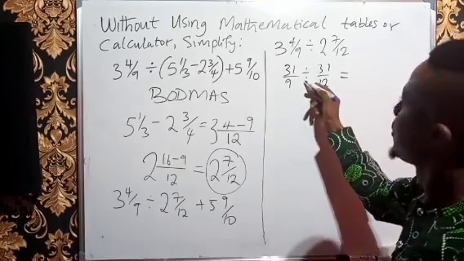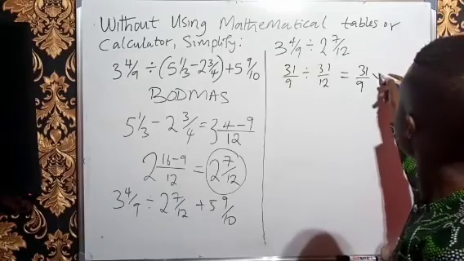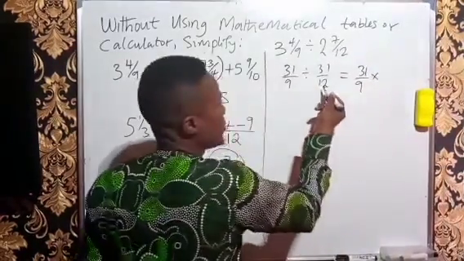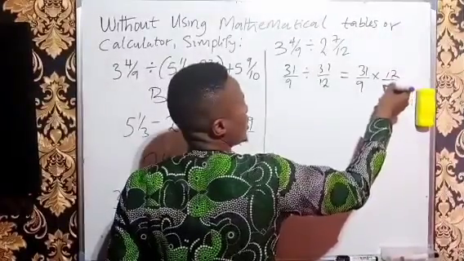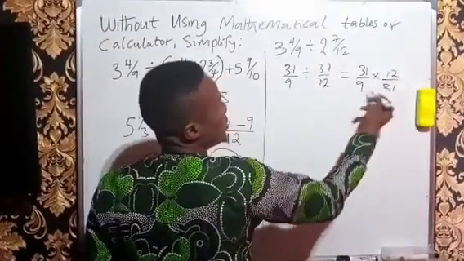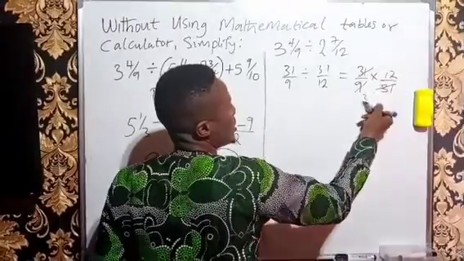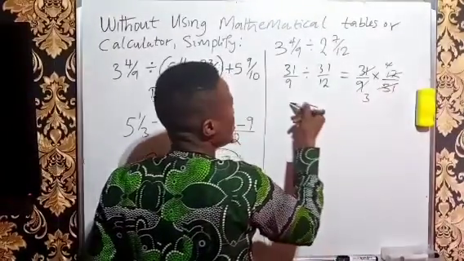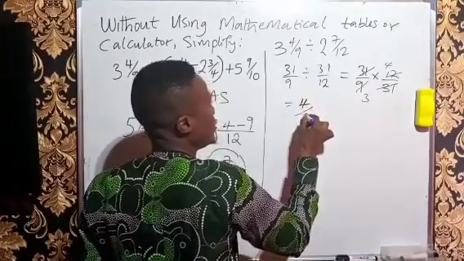When you have this division, you have to change it to multiplication. And because you have changed it to multiplication, the next fraction will be turned upside down. So I will now have 12 all over 31. Then 31 cancels 31. 3 can go here, 3 is 3, 3 here is 4.